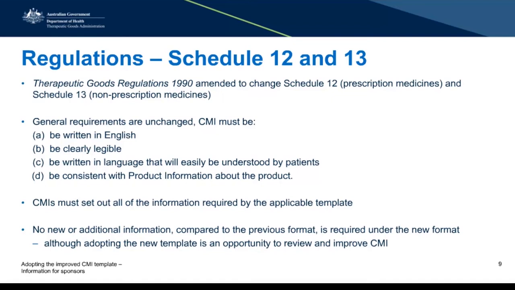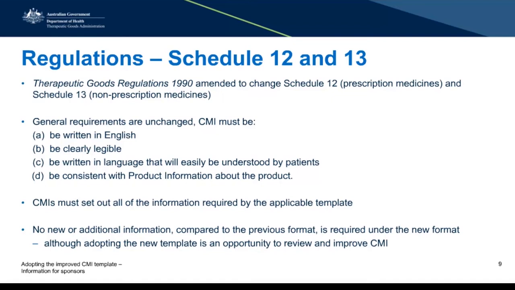Product information is obviously for prescribers and health professionals so that they can make the proper and correct decisions about using the product. But what the information in the CMI needs to do is pull across the information that's relevant to consumers, without bringing across the information that will either confuse them or they're unable to engage with, but that information is consistent with, doesn't disagree with, doesn't contradict the information in the PI.